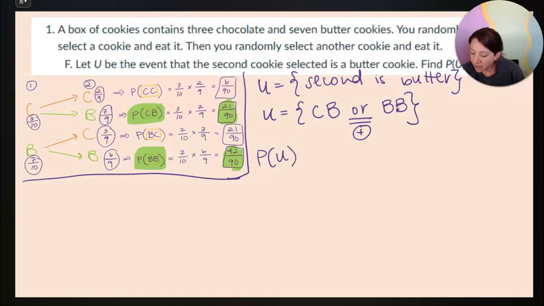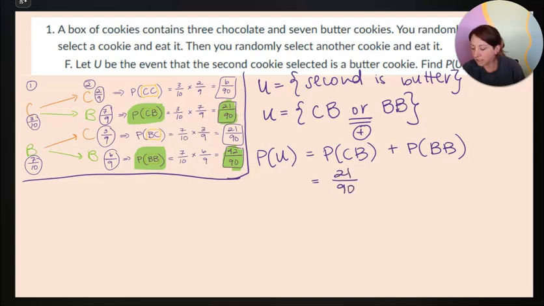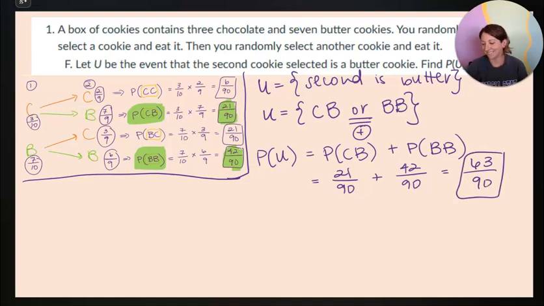So the probability of U should be the probability of chocolate butter plus the probability of butter butter. When we do that, we get 21 over 90 plus 42 over 90, and that would give us 63 over 90. So that should be what that probability is.